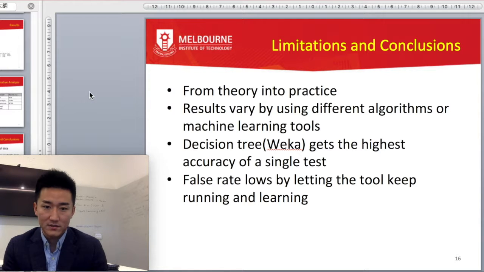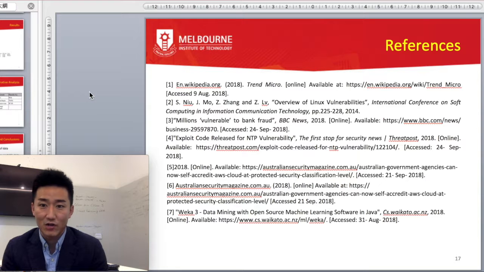The third one is that the decision tree algorithm of Weka gets the highest accuracy in a single test. And the fourth one, and the most important one, is that the false rate lowers by letting the tools keep running and learning, which is the main purpose of the whole project.